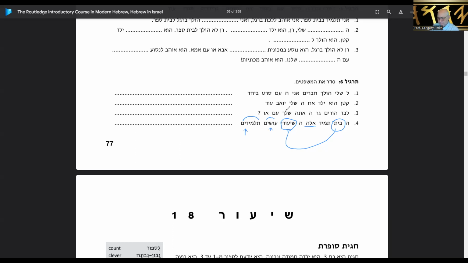Tamid. תמיד. Yeah, tamid. It could be, let's see, ha talmidim, the students. Let's start out with that. Okay, so ha talmidim.